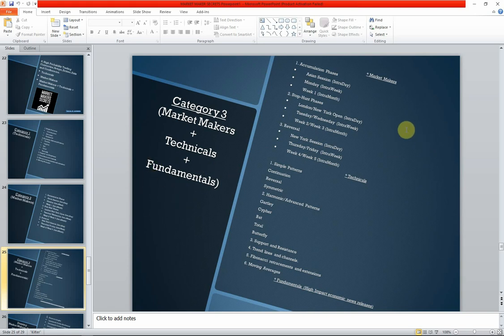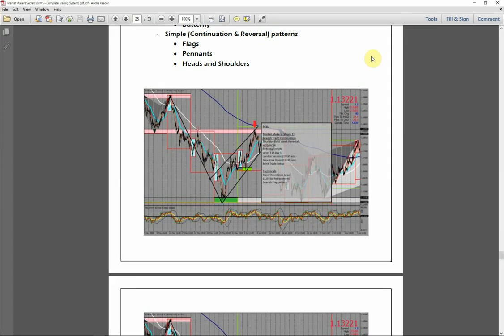So let me just show you. Let me just put this here. For now, I want us to look at only technicals, because as you can see, there's also market makers here, but let's just ignore market makers for this time. As you can see on this flashcard, I have a bearish continuation pattern, which is a flag pattern, and it's on major previous support and resistance.